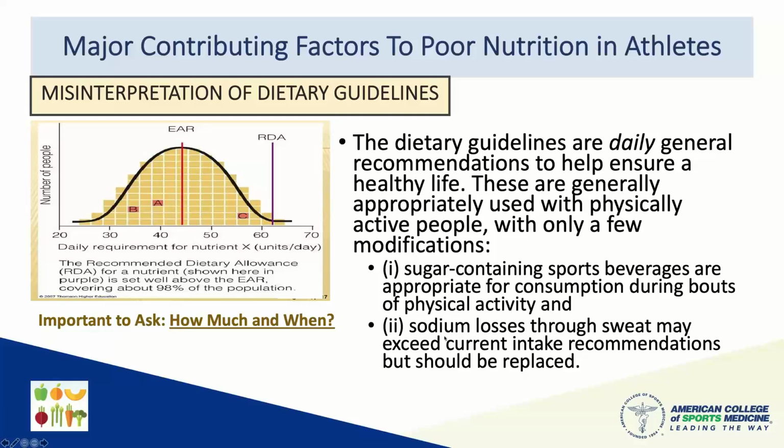And also, the recommendation for sodium, the rule for athletes is you have to replace what is lost, right? You don't just have a flat recommendation for sodium. And so it's very important. Those 2 changes, I think, are important to consider.